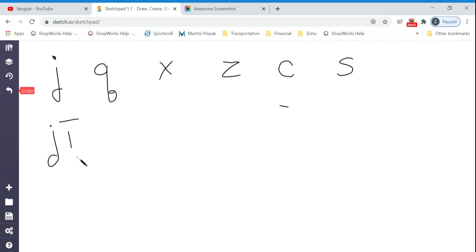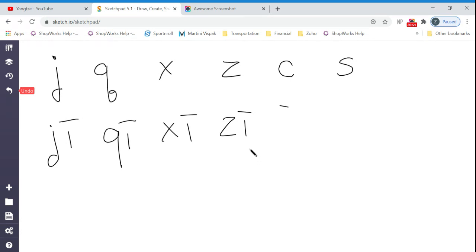This is ji, qi, xi, zi, zi. People look at this and usually pronounce it as ze. You don't have to pronounce that e at the end. You just keep the initial pronunciation like z, rather than ze.